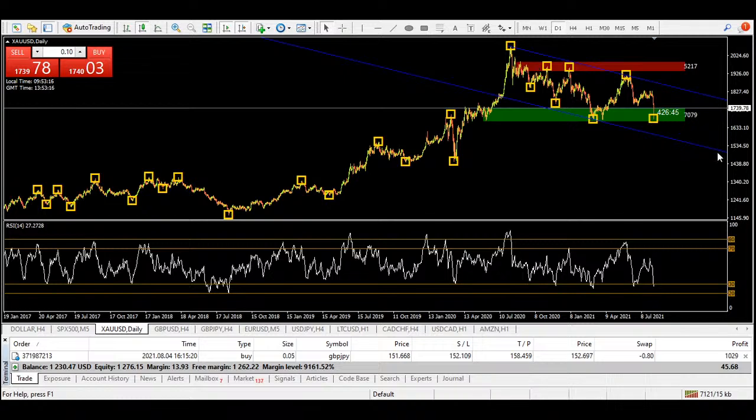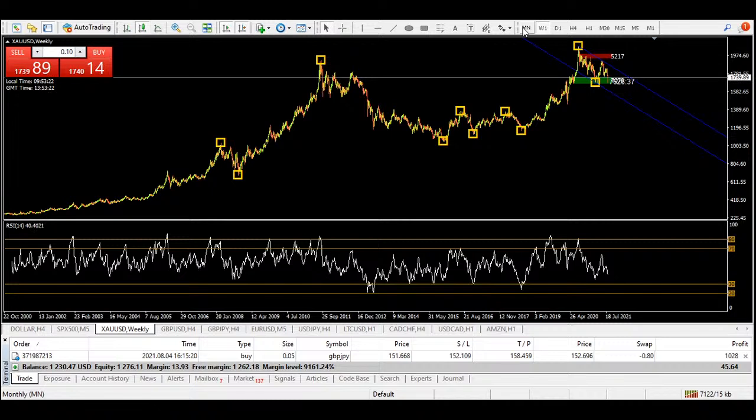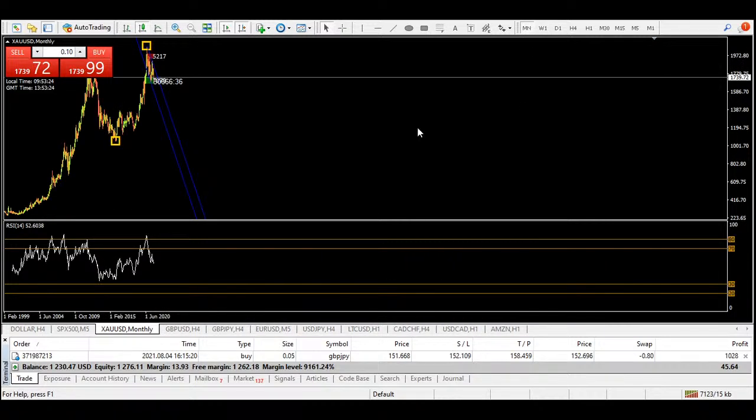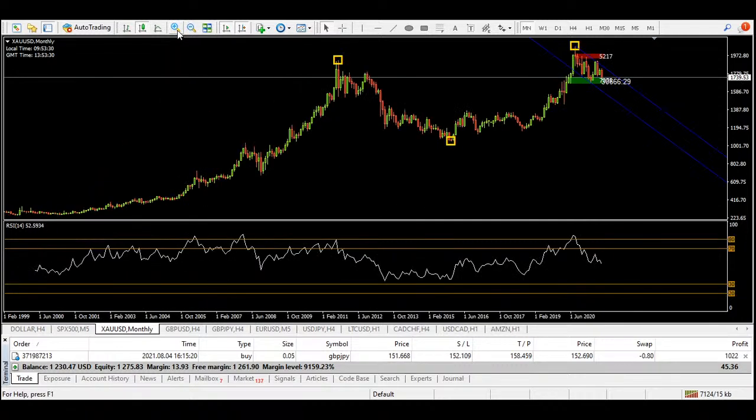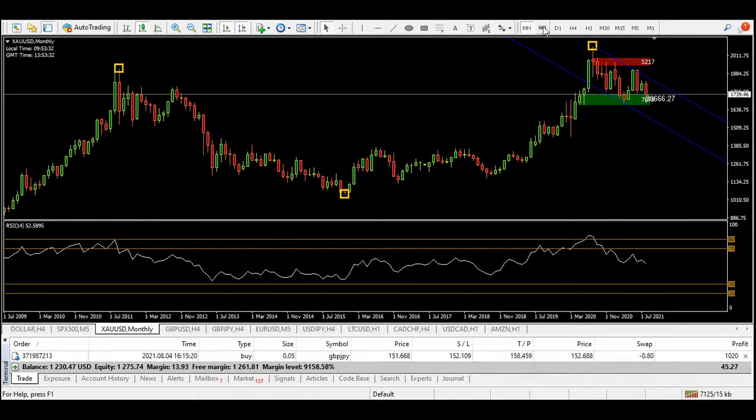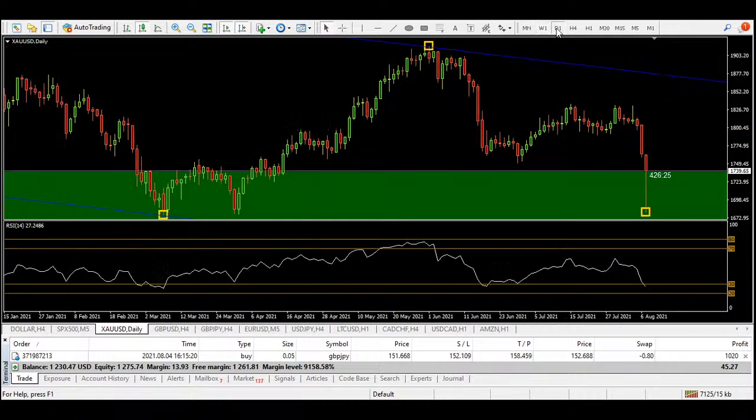Still kind of in this channel here, just correct the channel. Gold is definitely an uptrend. Just correct the channel.